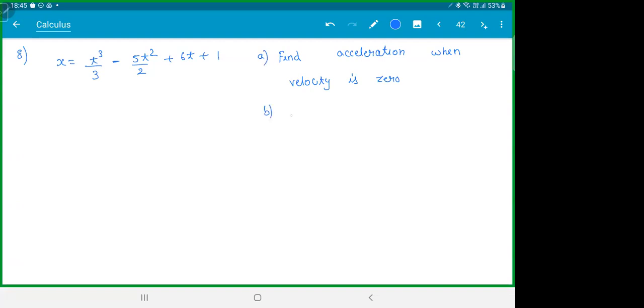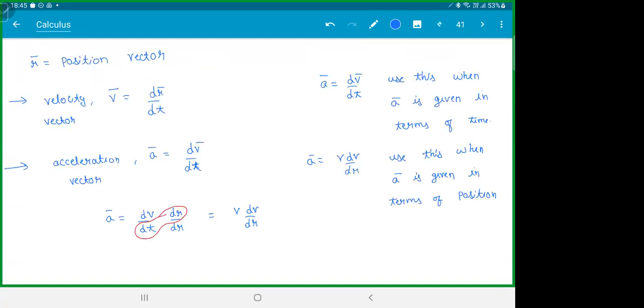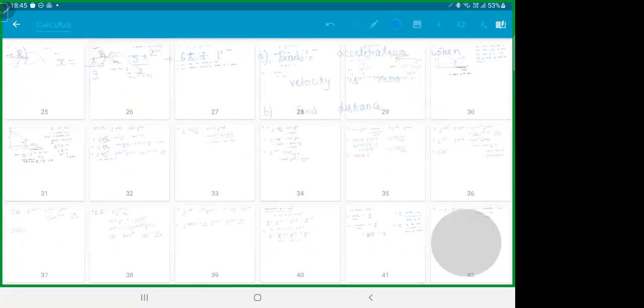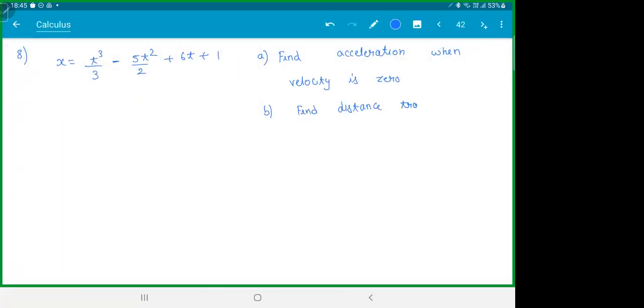That's the first question. Second thing, find distance traveled in 4 seconds. Did I give the same numbers last time? No. Let's get this thing. x is a position or x coordinate.